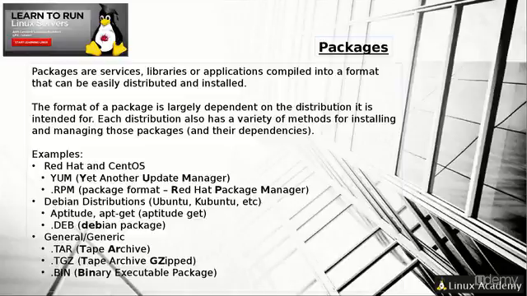The first one being, and the most common being tar, which stands for tape archive, when applications were tarred or archived to tape. TGZ, which is a tape archive in gzip format. Gzip is a compression algorithm that allows your archives to take up less space. And then the ever-present binary executable package, which is a set of scripts or binary files that will install an application but don't come with source code.